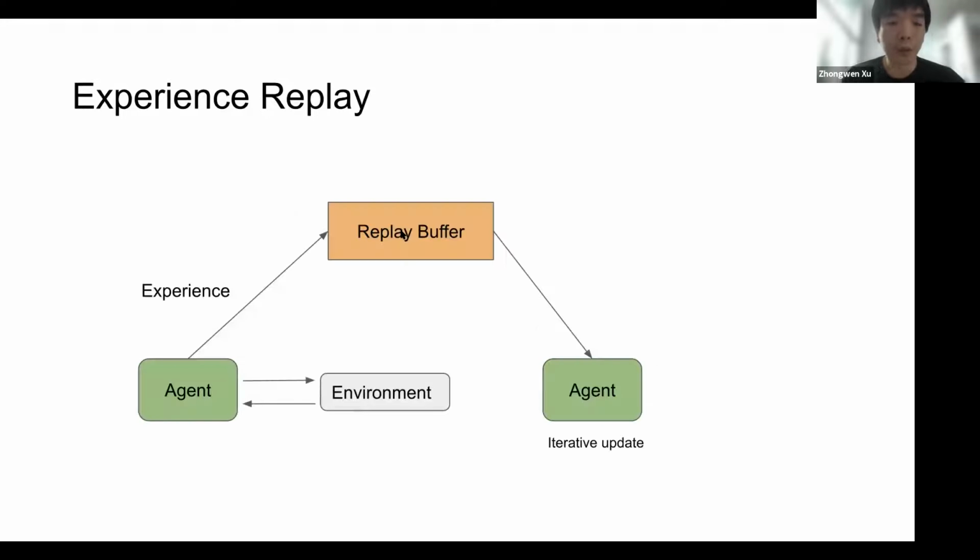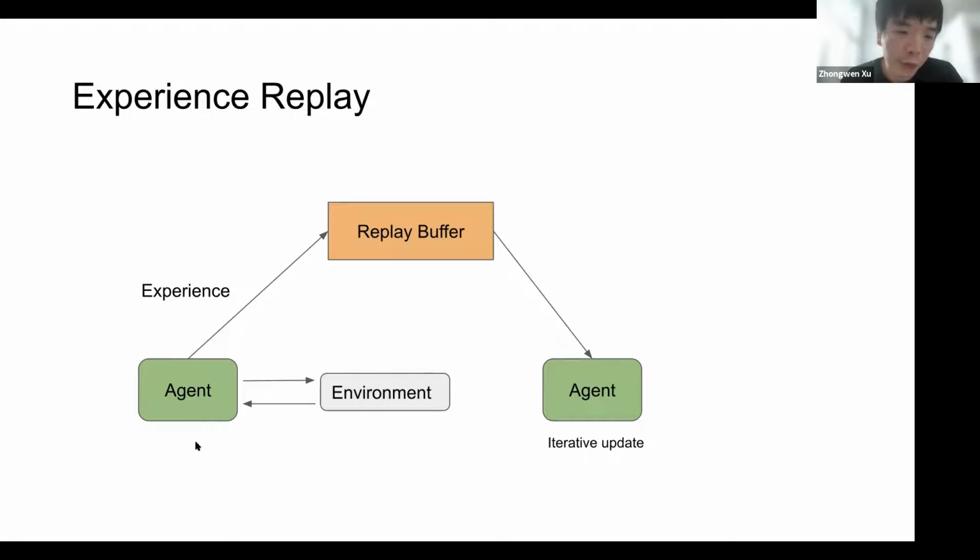Okay, so the second important component in the DQN is called experience replay. Experience replay is a currently widely adopted technique. You can see the functionality of experience replay in the illustration.